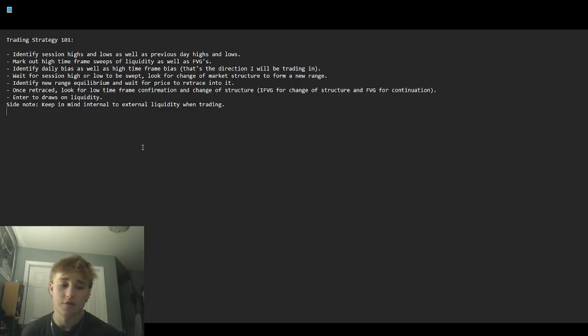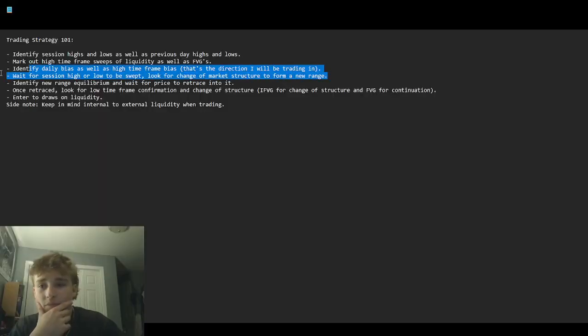I'll look at the unfilled fair value gaps, see how the market is trading them and which direction it's going to go, and that's where the daily bias comes in, as well as the high time frame bias. That's where I see if I'm going to be trading bullish or bearish that day.